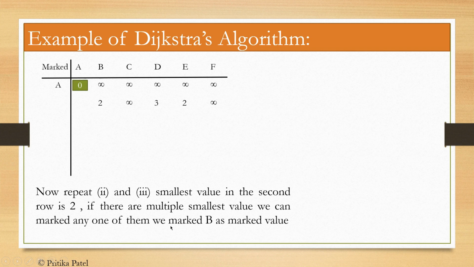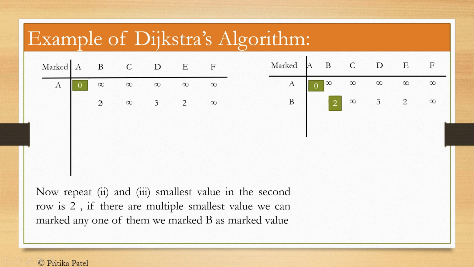We mark B as the mark vertex. So we mark this 2 and put B as the mark vertex.